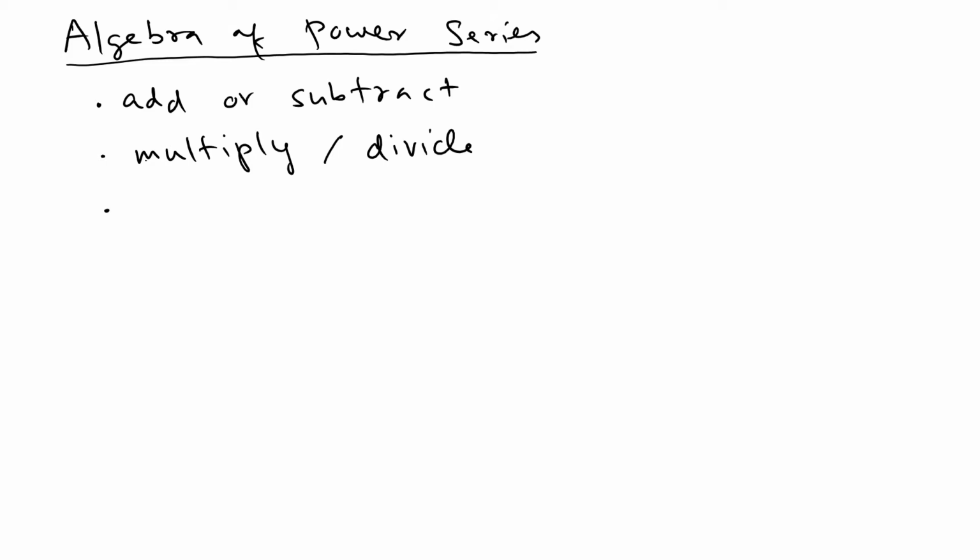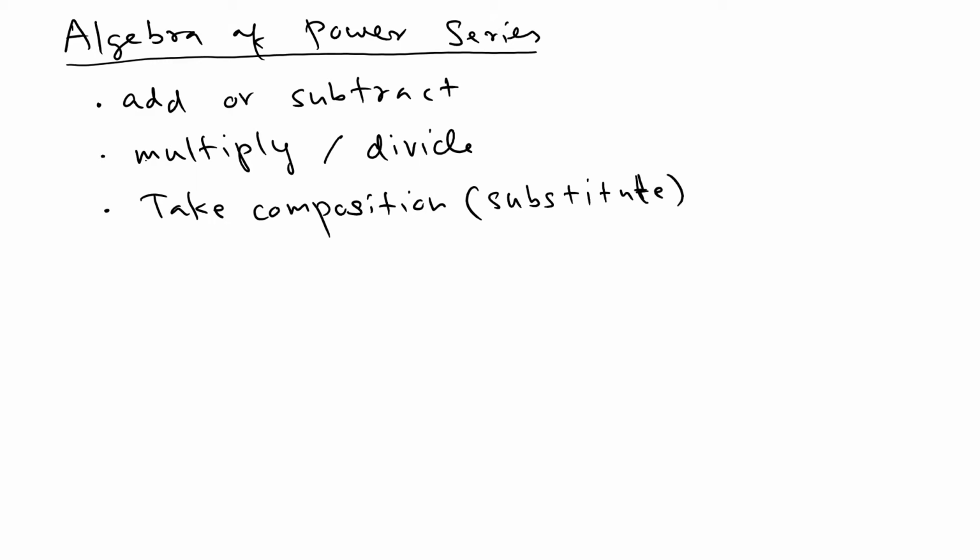And then the most important one is we're going to take the composition, or what we normally call the substitution. We already did that. We substituted x by negative x. This is the most common one we actually do.